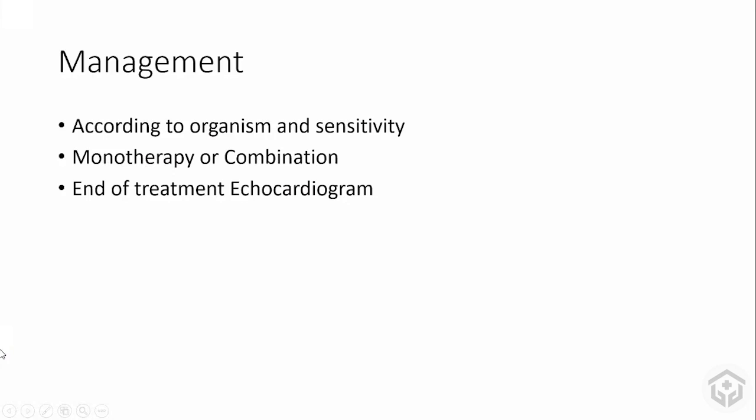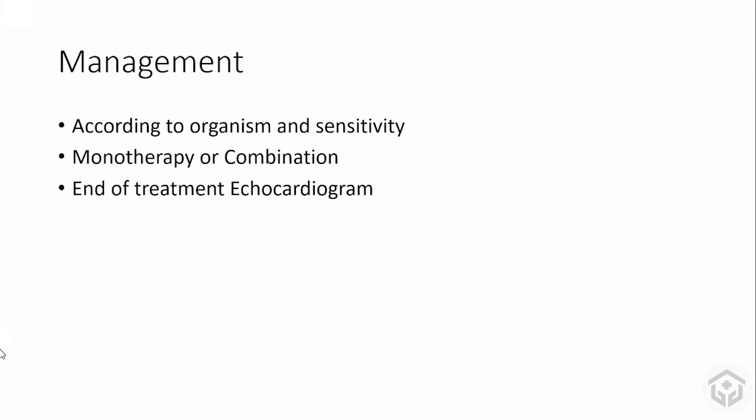One is a suspected infective endocarditis. Our blood culture reveals methicillin resistant Staphylococcus aureus. Considering the patient does not have any risk factors, there is no prosthetic valve, there are no lines, nothing, in that case monotherapy with vancomycin is recommended.